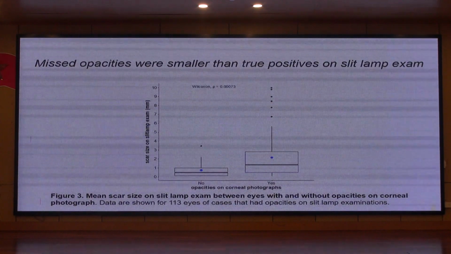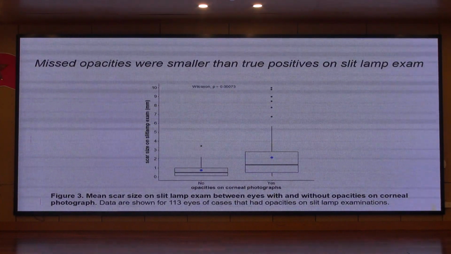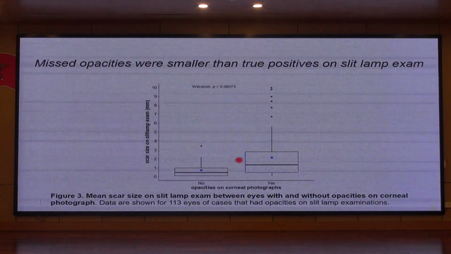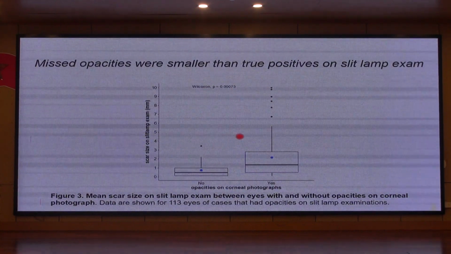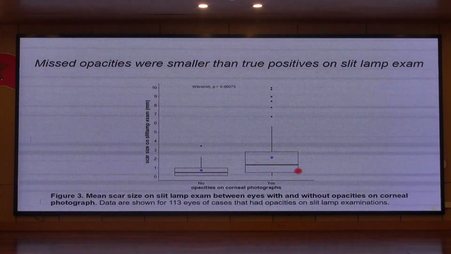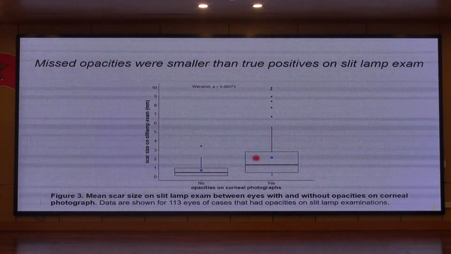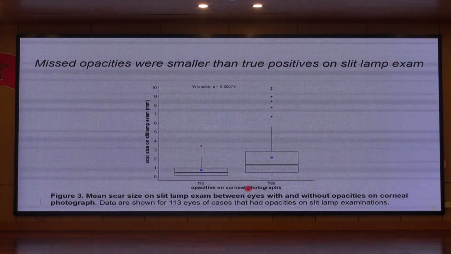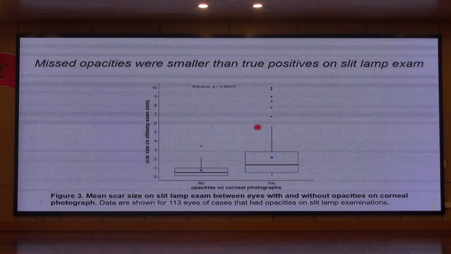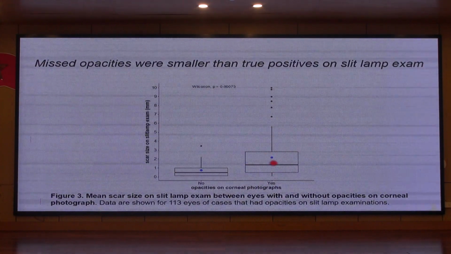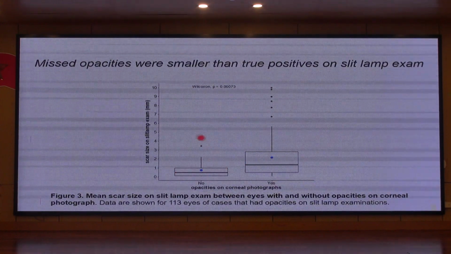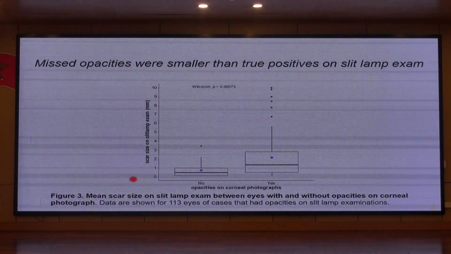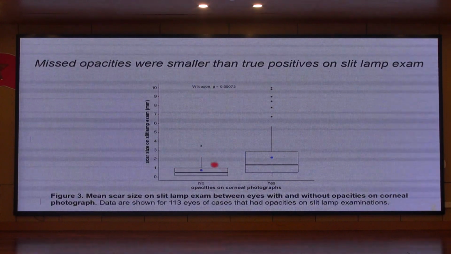And for this graph here, we focus on the people who had opacity detected on slit lamp exam. Similar to the graph above, the box on the right represents people who had opacity detected on both corneal photograph and slit lamp exam. And the box on the left represents the opacities that were missed on the corneal photographs.